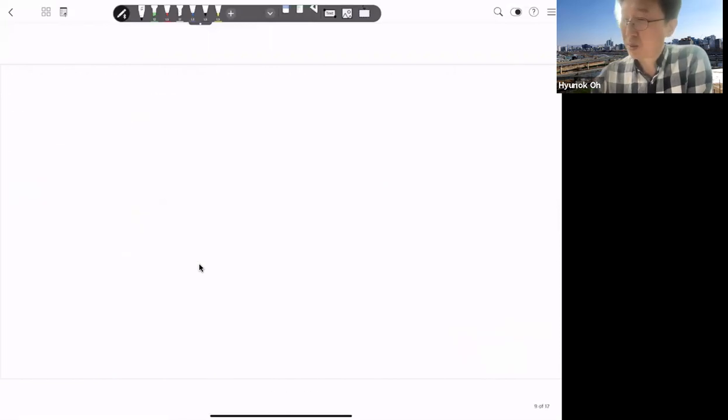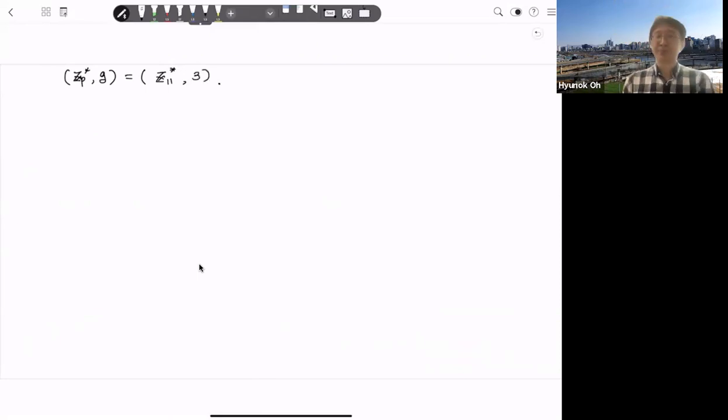Okay, so then let's look at another example. Z11 star, comma g is 3. Can you compute large A? Then can you tell me your large A? You are just choosing a random small a and then computing g to the a and posting in the chat.